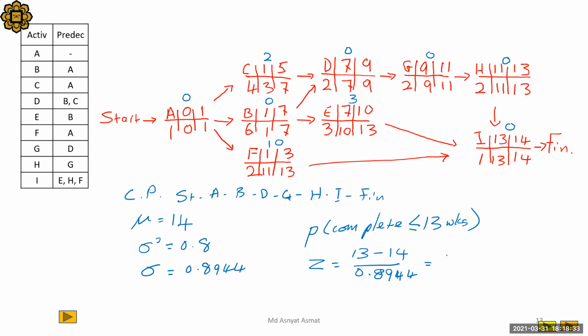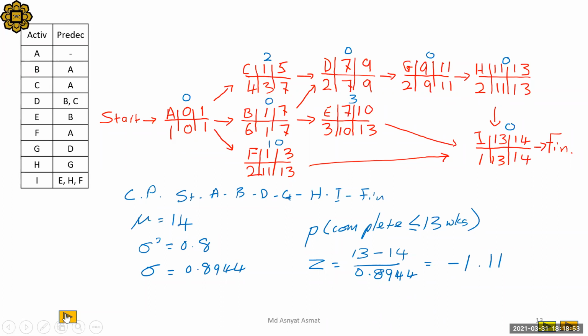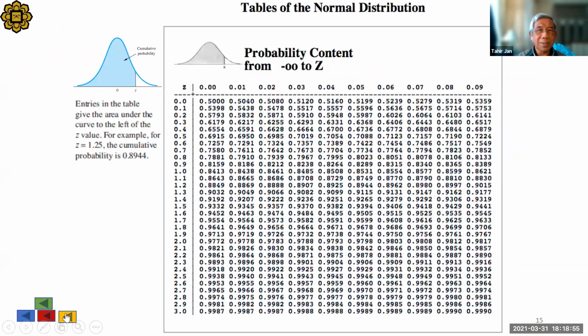Negative 1.11. So look at the table for Z 1.11, and then minus 1 minus that probability. Z 1.11 gives 0.8665.